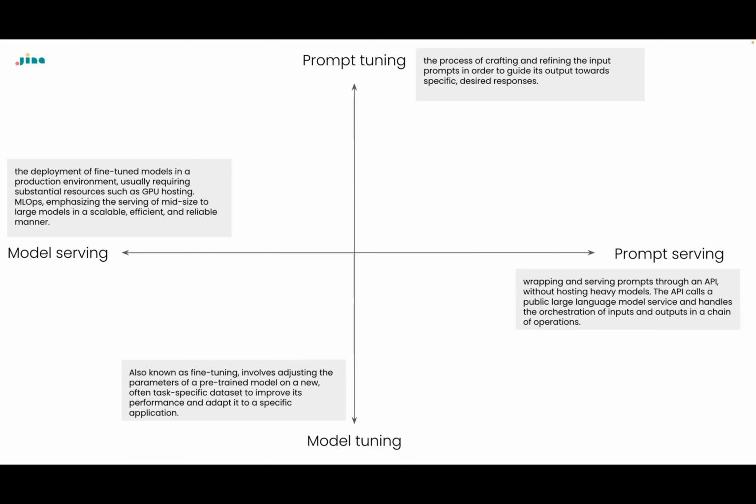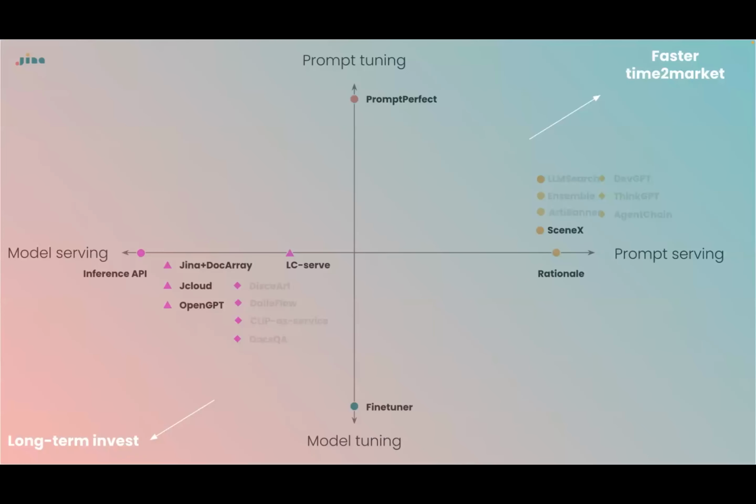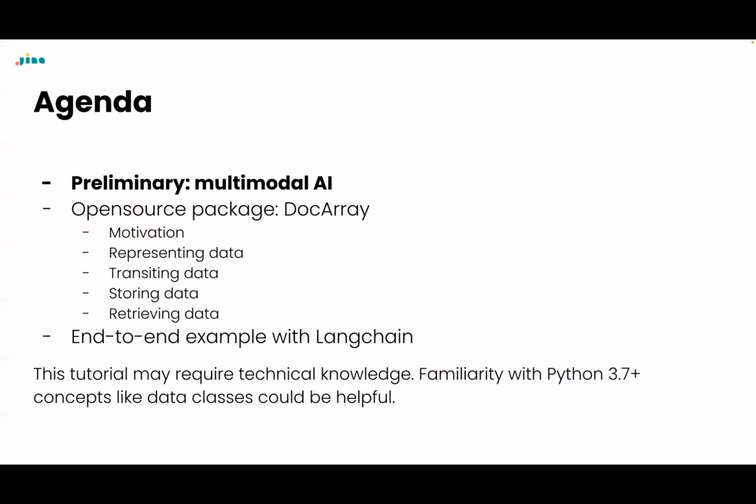And also model tuning, which is basically fine tuning, as we all know, and model serving, which is the traditional MLOps stuff, right? So this is the tech spectrum of the company. And over the last 3 years, we have developed many open source and closed source products and projects under this tech spectrum, right?